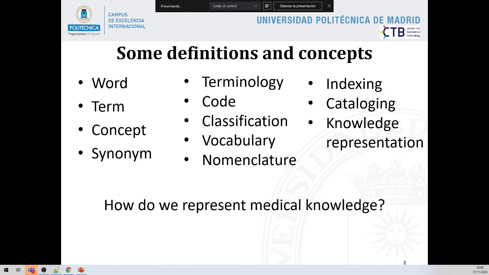Also, a classification is an arrangement or an organization for some kinds of terms. A vocabulary would be defined more like a set of terms that are specialized in one field and that can facilitate the communication between different parts of that field, so we are always referring to the same thing, even though we are different parties speaking.